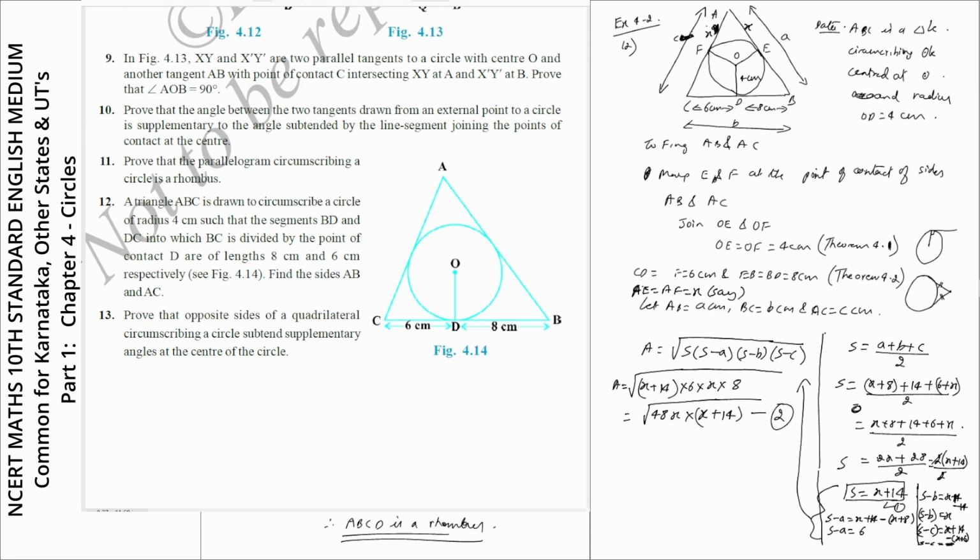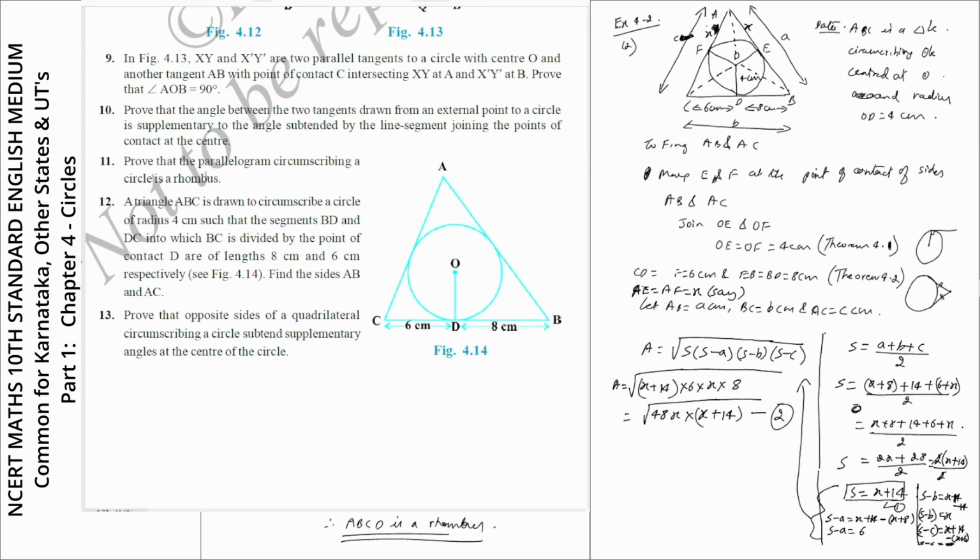Area of the triangle is also given by, see here, see the figure. I'll join CO, and I'll join BO, and I'll join AO. Now there are three triangles: triangle ACO, triangle CBO, and triangle BAO.